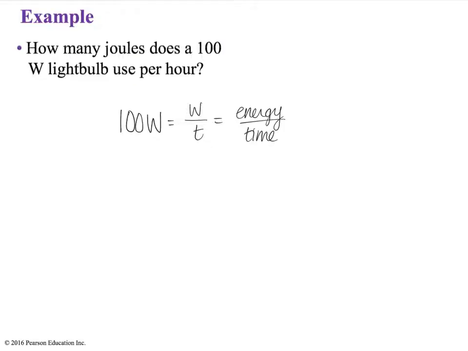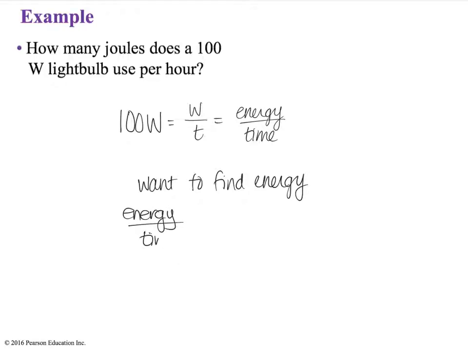We're given the power, which is energy over time. We want to find energy. So it would figure that we would take the energy over the time and multiply by the time. This is going to give us the energy.